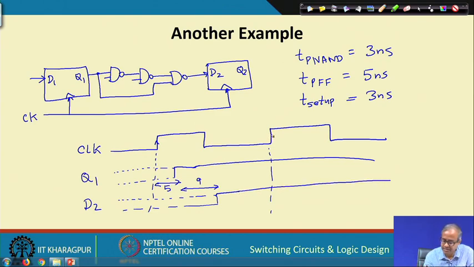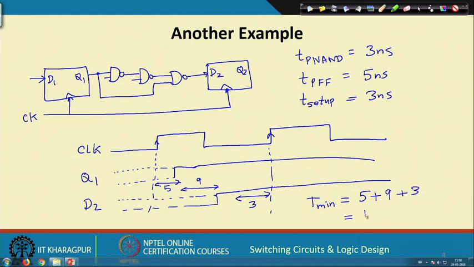In addition, before the next clock edge comes, you must have the setup time of 3 nanoseconds maintained here. So, 5, 9 and 3 are the minimum time that you must have between 2 successive clock edges. In this case your minimum time period will be 5 plus 9 plus 3, which is 17 nanoseconds.